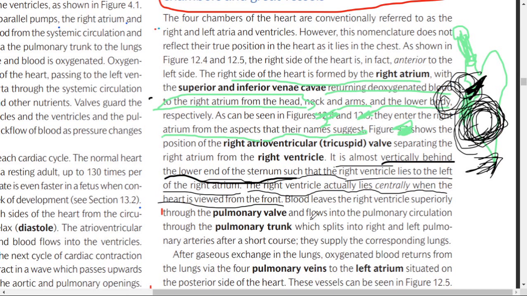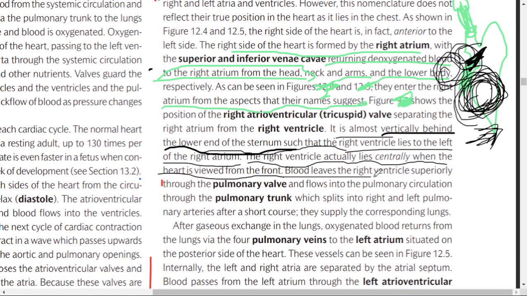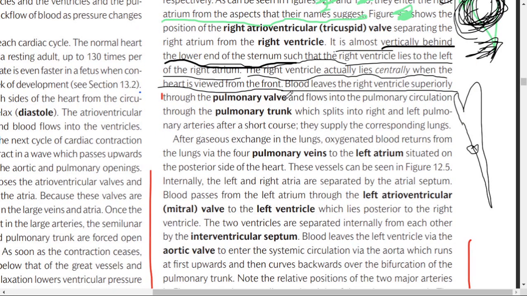Blood leaves the right ventricle superiorly through the pulmonary valve and flows into the pulmonary circulation through the pulmonary trunk, which splits into the right and left pulmonary arteries. After a short course, they supply the corresponding lungs. Let's draw them.